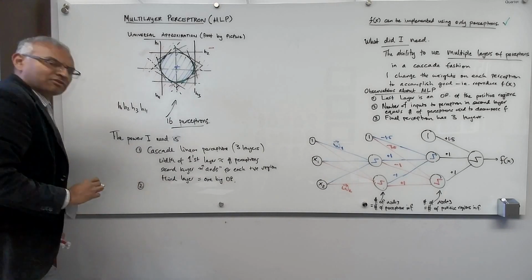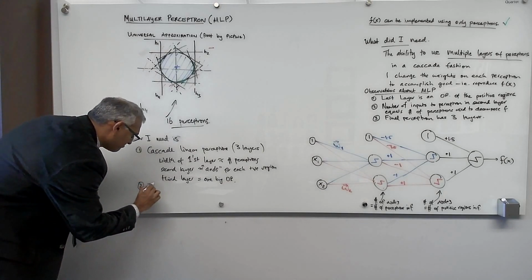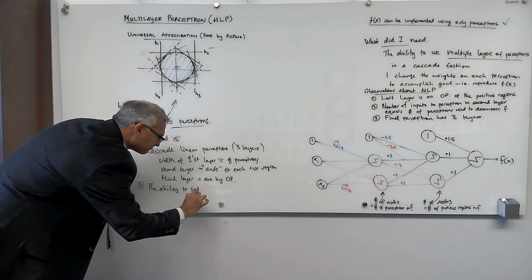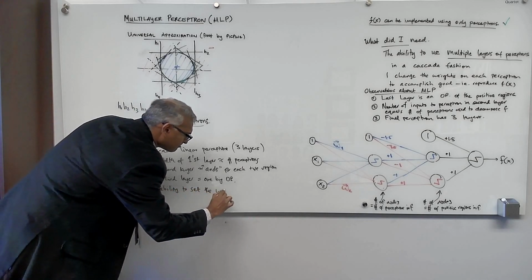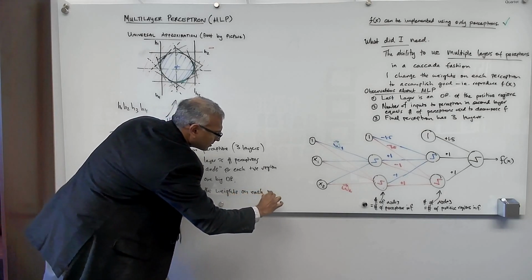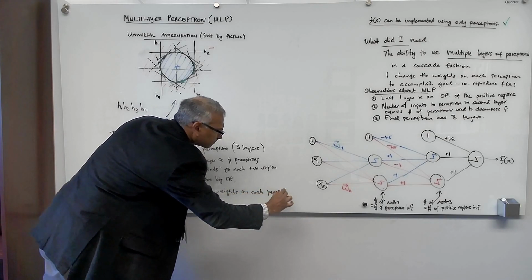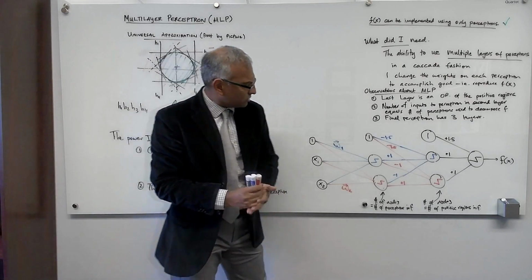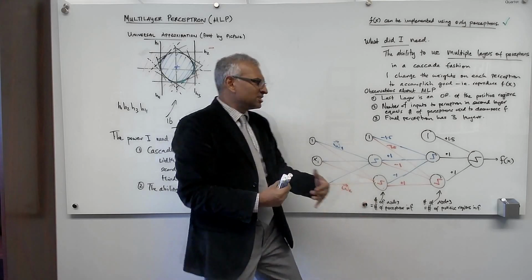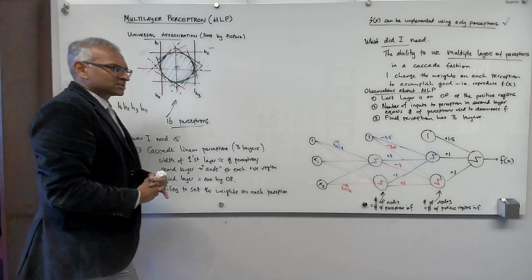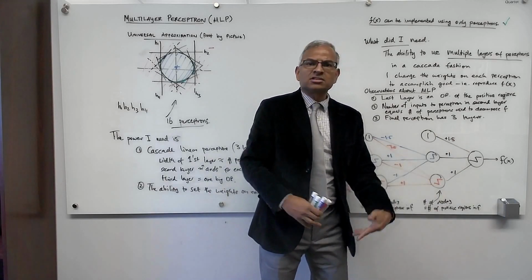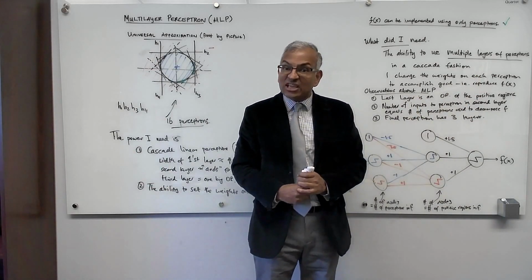So that's the other ability I need, the ability to set the weights on each perceptron. Now it turns out that I really only need the ability to set the weights in the first layer, which defines these individual perceptrons, because the second layer is computing all ANDs, and the third layer is computing an OR, and so those weights can be fixed.